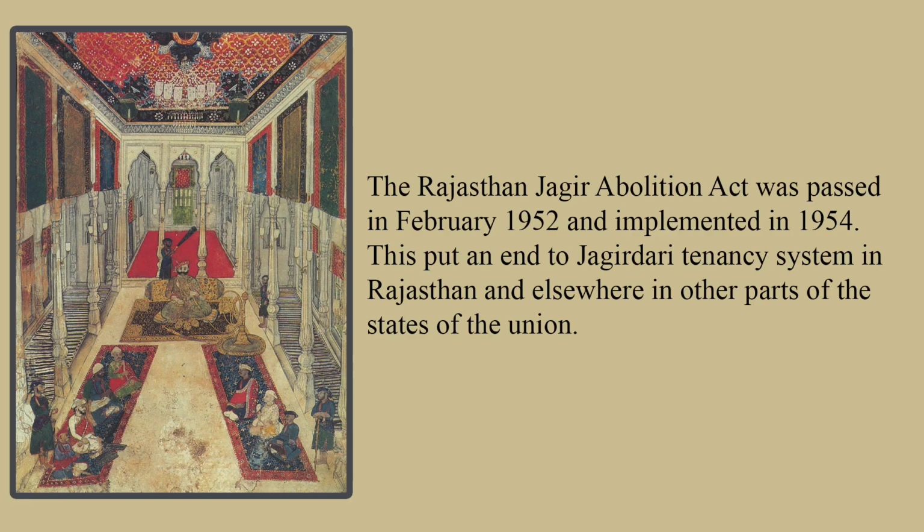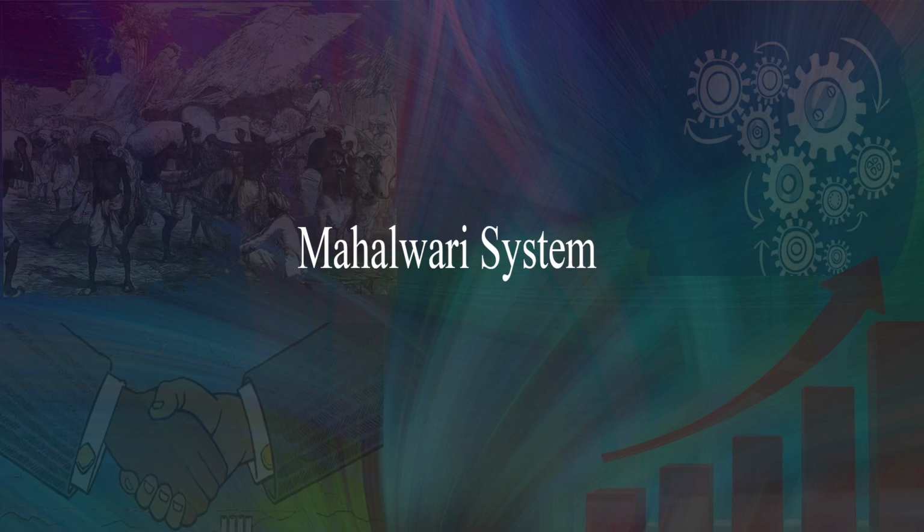The Rajasthan Jagir Abolition Act was passed in February 1952 and implemented in 1954. This put an end to Jagirdari tenancy system in Rajasthan and elsewhere in other parts of the states of the Union.